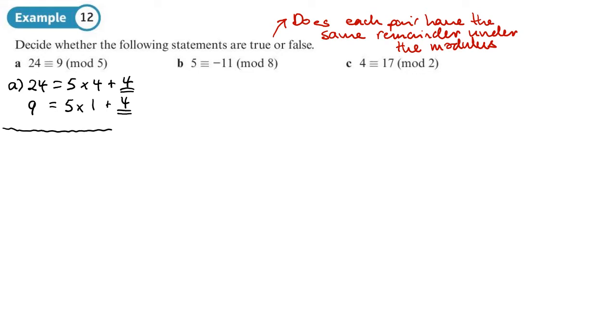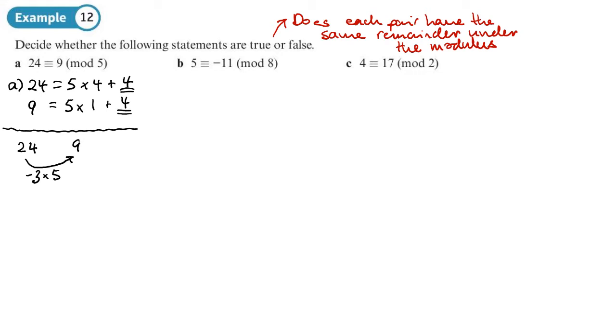Another way of doing it is to say the difference between these two numbers needs to be a multiple of 5. And it is a multiple of 5, it's negative 3 times 5. So that proves that they are congruent to each other. So this statement is true.